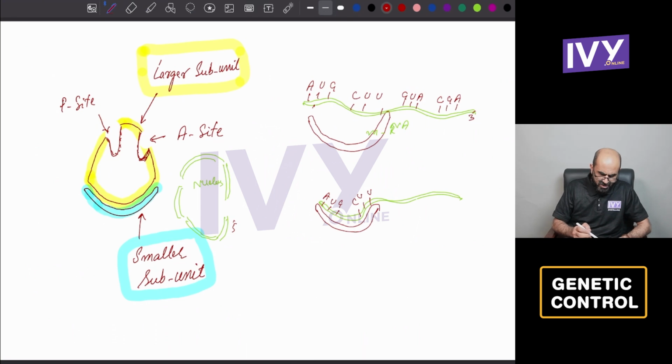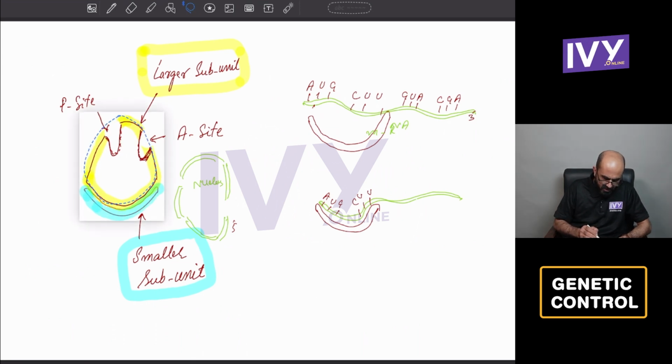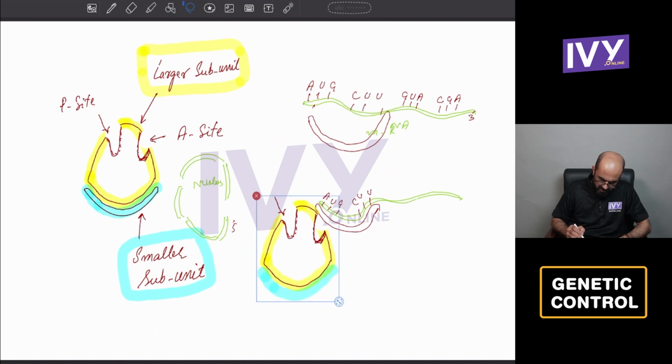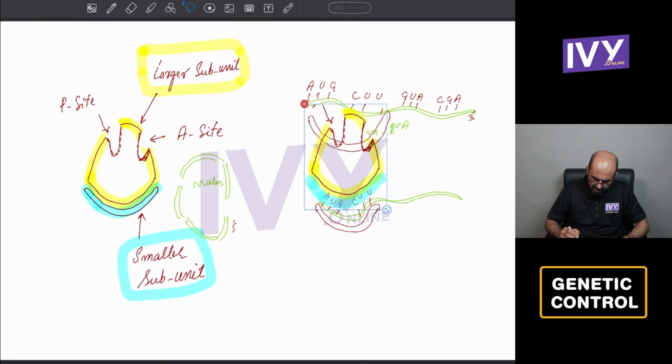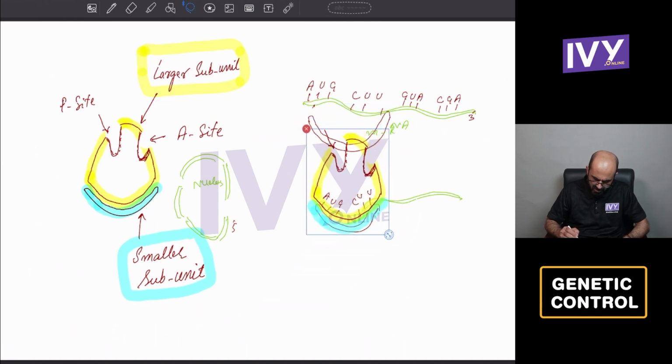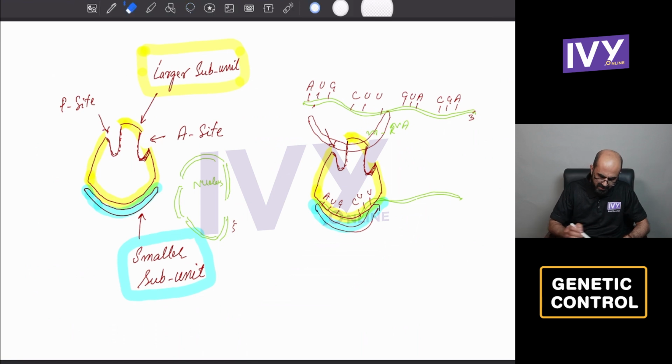Now, once they are attached, the larger subunit is going to arrive here. So here is the larger subunit. If I make a copy and paste, it should be attached in this way. You can see it is attached like this. Let me delete this structure.